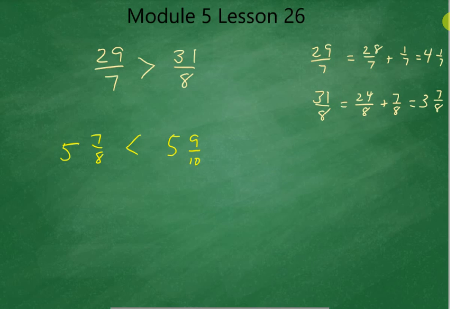So we could just say that 5 and 9 tenths is closer to 6 wholes. So therefore, it is bigger. So there again, we're going back to using the benchmark fractions.